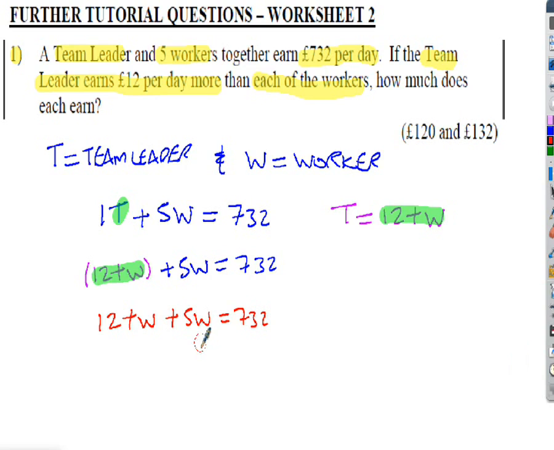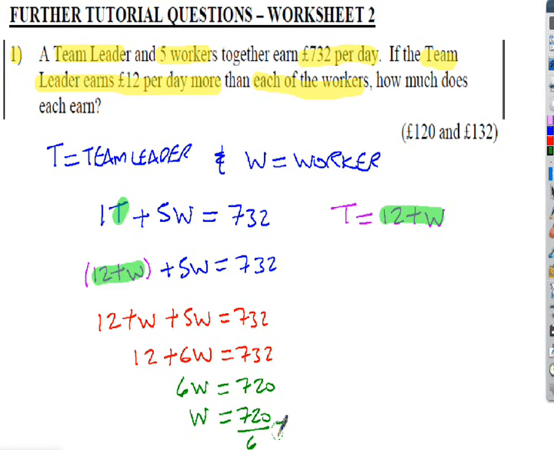Bringing my W's together, that becomes 12 plus 6W is equal to 732. And if I subtract 12 from both sides of the equation, I end up with 6W is equal to 720. Dividing both sides by 6, W equals 720 divided by 6, which equals 120 pounds.